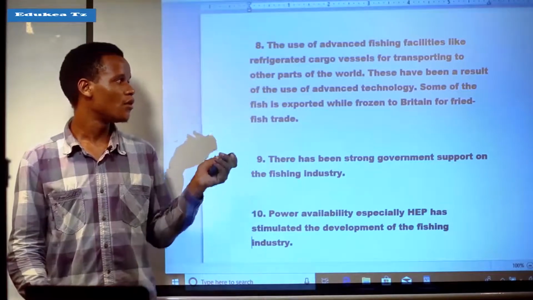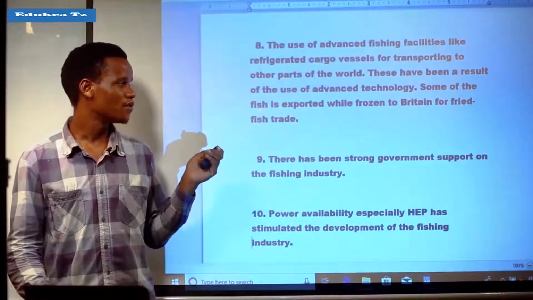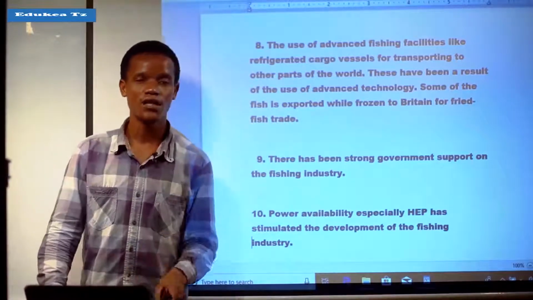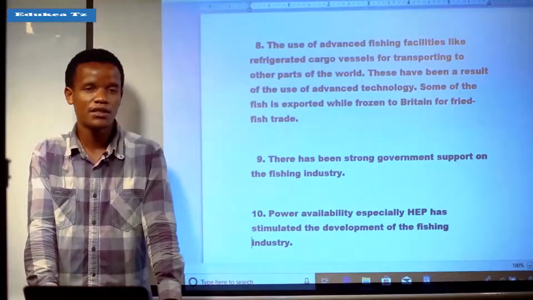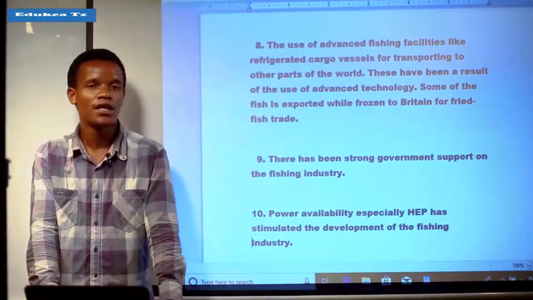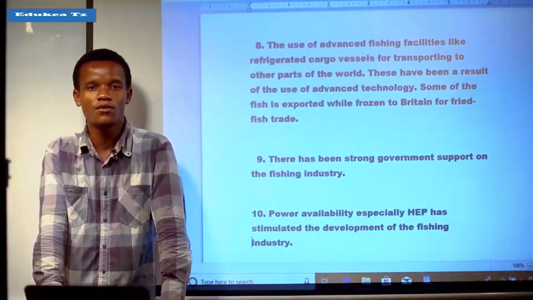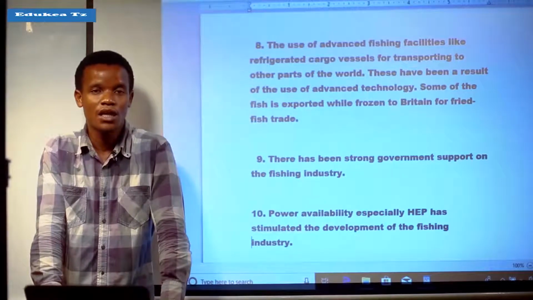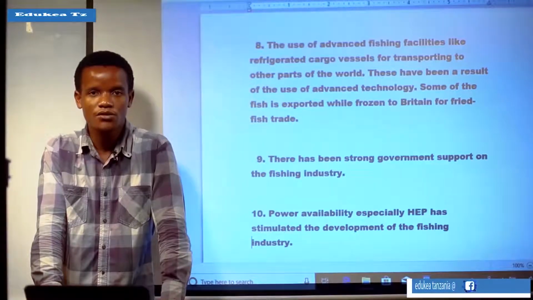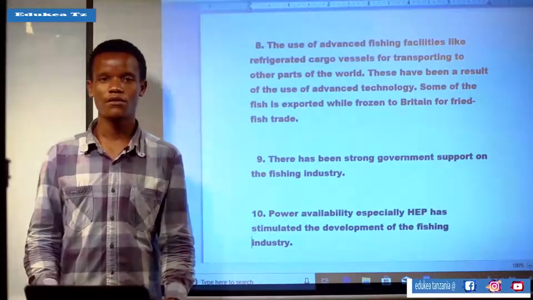Some of the fish is exported frozen to Britain, and to France for the tanning activity. So the country of Norway exports fish to other countries in search of markets. So the presence of developed advanced fishing facilities used in Norway contributed much to the development of the fishing industry in the country of Norway.